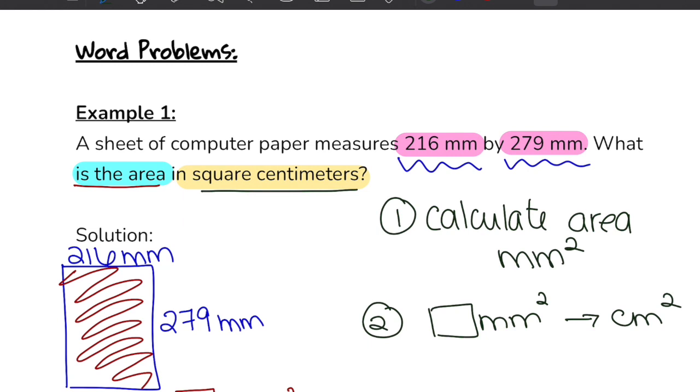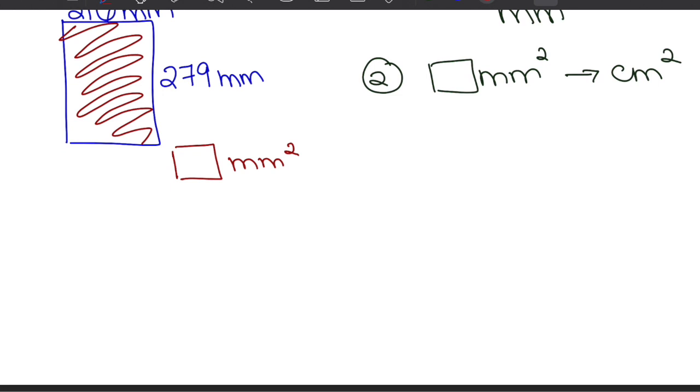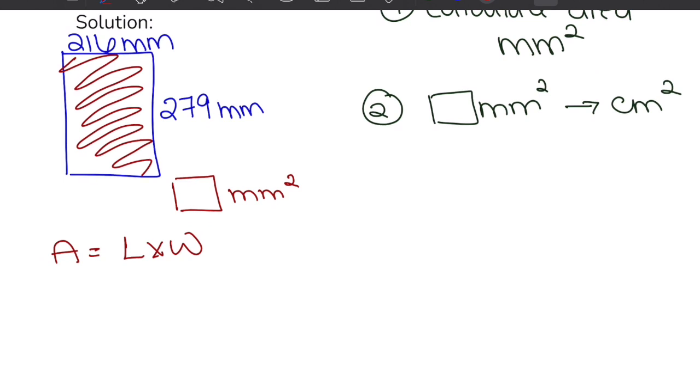Let's calculate the area. So the formula that we're going to use here, because we're working with a rectangle, is length times width. Area is equal to length times width. So what is the length here? 279 meters. What is the width? 216 millimeters. Oh, sorry. This was supposed to be millimeters. I wrote meters by accident.